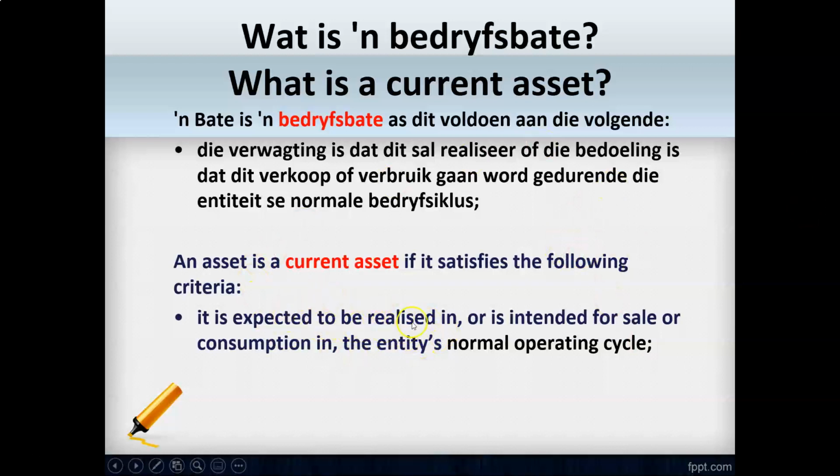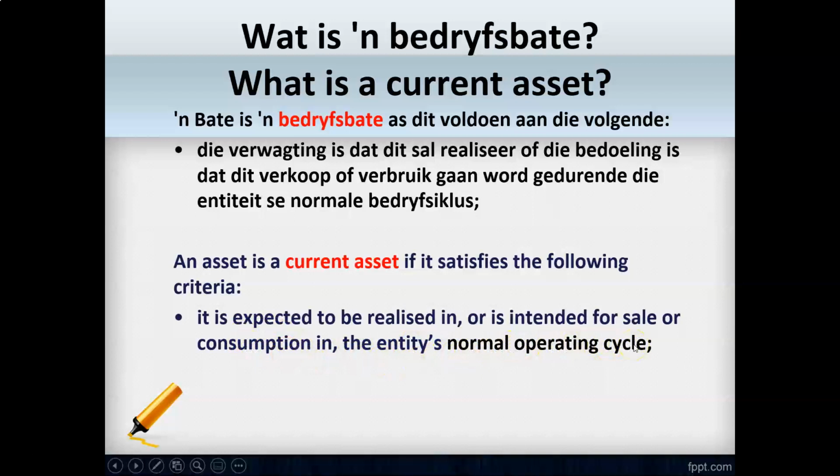So if it's expected to be sold, or it is intended that that item must be sold. If I have bought an inventory item, my intention is for sure that I want to sell that. So inventory will be a current asset because it was intended for selling purposes. Or if I have the intention to consume something within the entity's normal operating cycle.